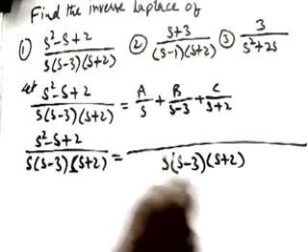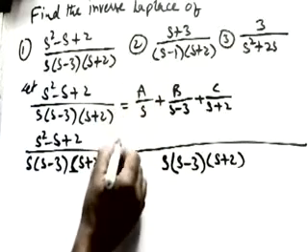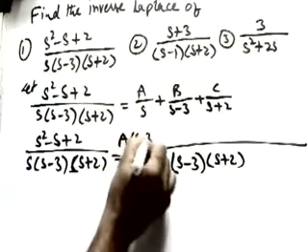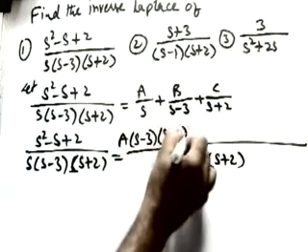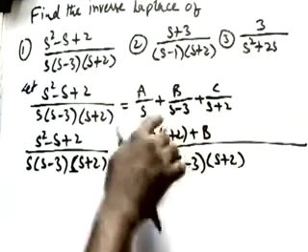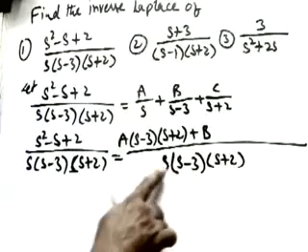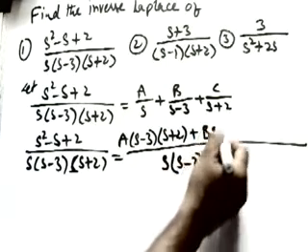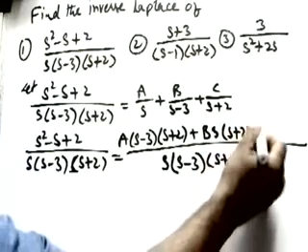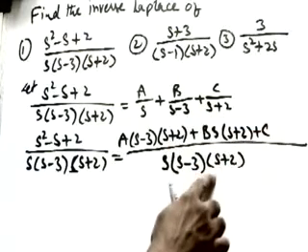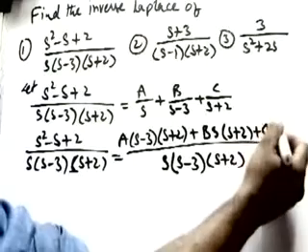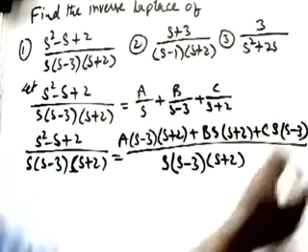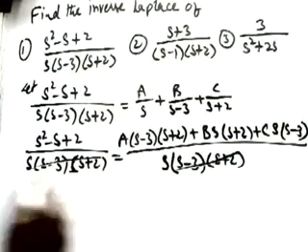Watch carefully, how to solve? You leave this denominator from the LCM. These two are left to multiply with A: A into s minus 3 into s plus 2, plus B into, leaving the denominator of B from the LCM, you multiply these two with B, so you get s into s plus 2, plus C into, leaving the denominator s plus 2, what is left here? s into s minus 3.